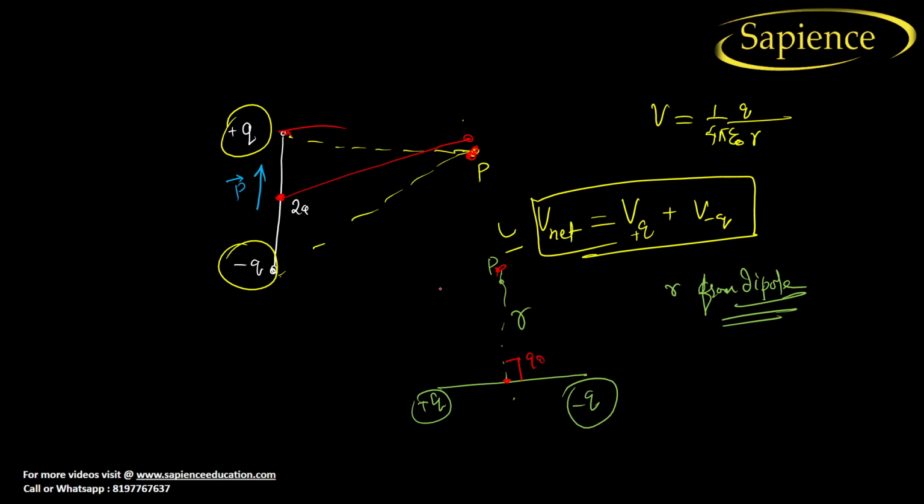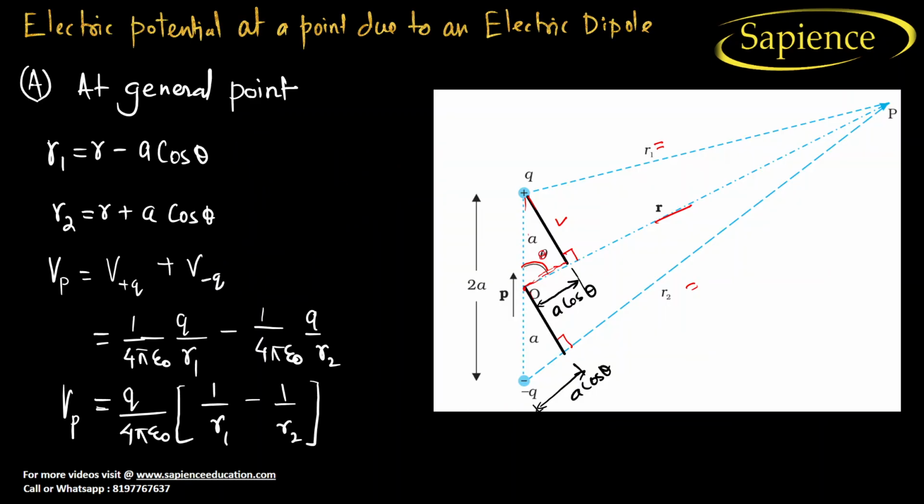90 degrees. Now if I take a point P at this point, what is the angle between these two? See here, we can absolutely say that this angle is theta. So the same thing we are discussing here, the angle is theta.